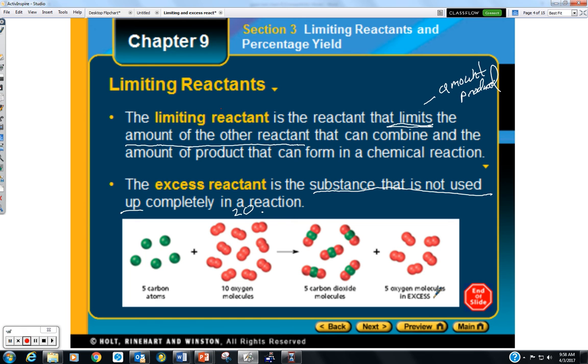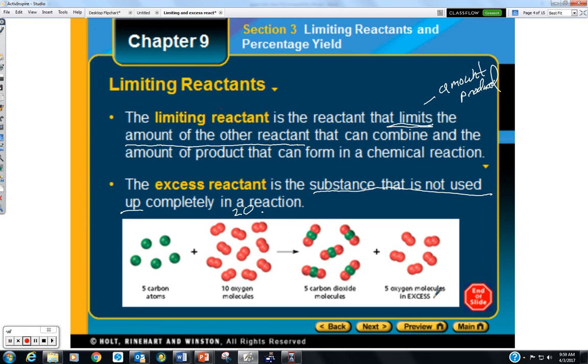We have hydrogen and chlorine, H2 plus Cl2. We have 10 Cl2 molecules, and we only have 5 hydrogen molecules. When it works out, it goes 1-to-1 to each other. So the maximum that we can make is 10 HCl molecules, because we started off with 5 H2s, which means we had 10 hydrogens available.